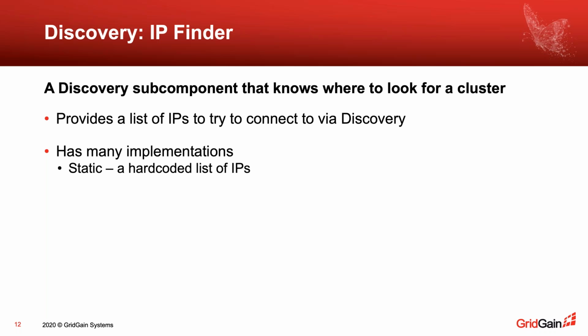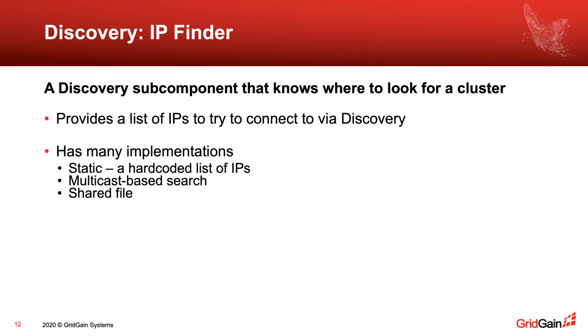So the most common one is a static IP Finder, which is just a hard-coded list of IP addresses, which is great for bare metal when you know all of your IP addresses in advance. So you just list all of them in your cluster configurations. There is also a multicast-based approach which allows finding all of the nodes running Ignite which are in the same subnetwork.